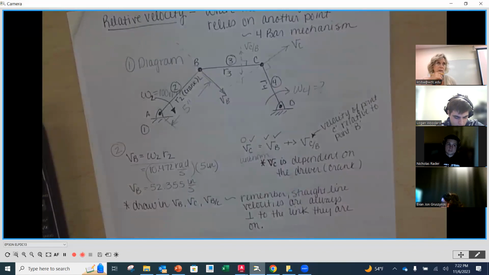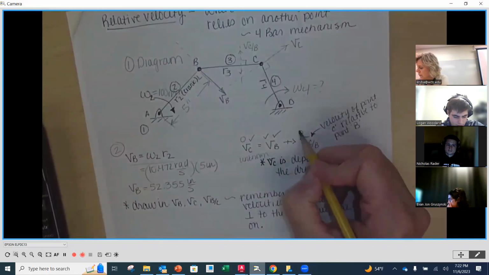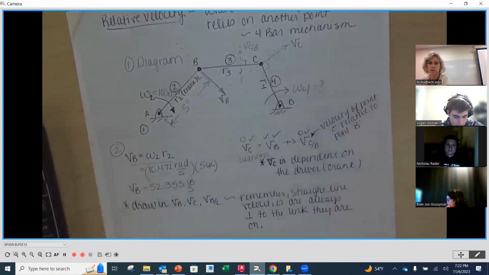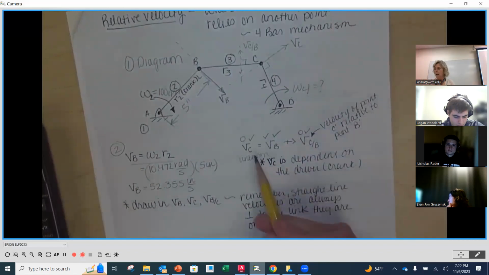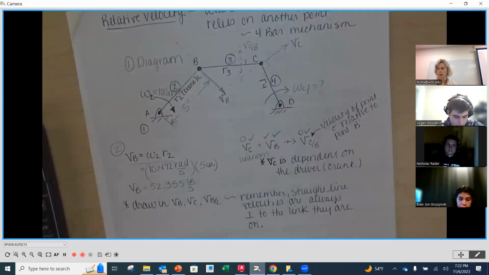Okay. Now, as we look at this equation, we know that we don't know magnitude here, but we do know direction. So if I have a vector equation, chapter 3 stuff, remember, we could have two unknowns in any given vector equation, as long as we had one unknown on one side of the equal sign and one on the other, which we do.